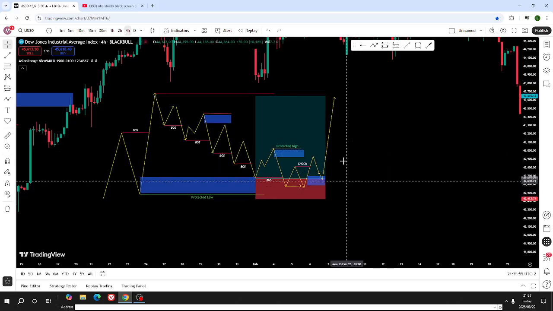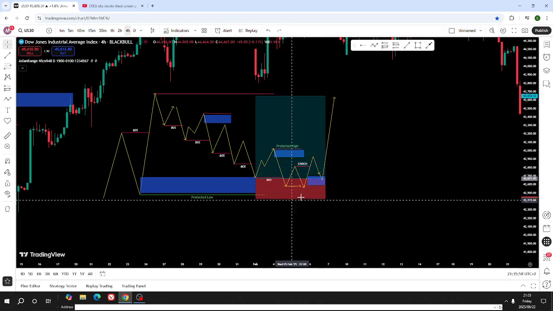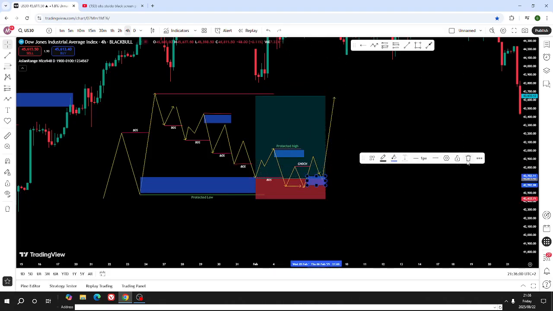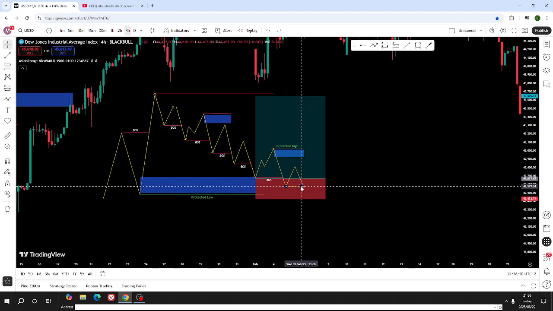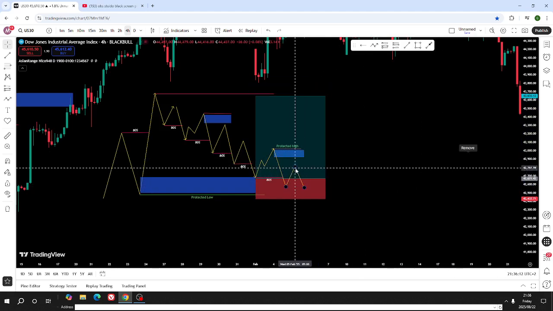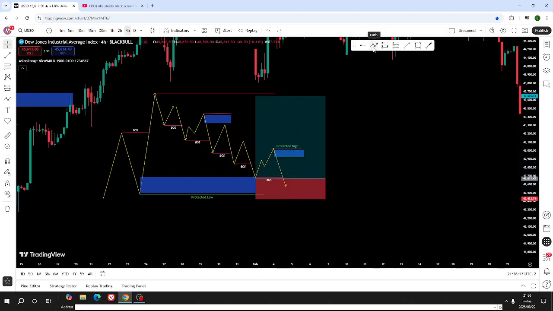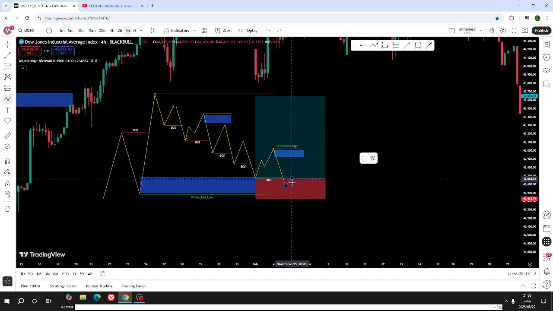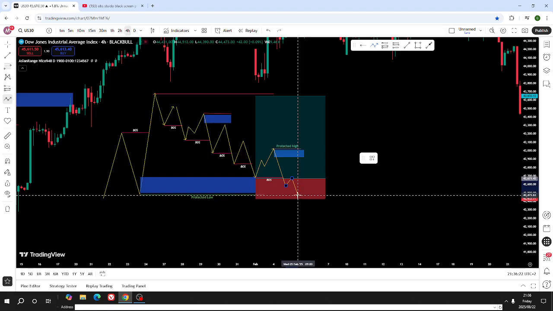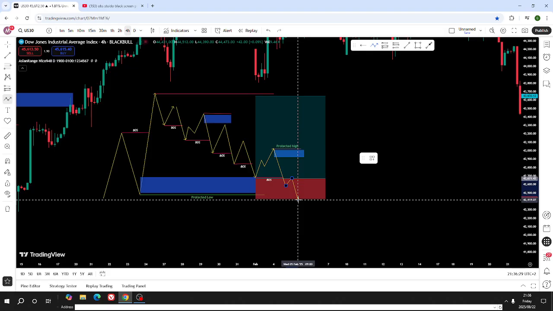So now what if all of this that I've explained does not happen? What might happen is that the market might sweep this low instead, so for those ones, they might be in trouble.